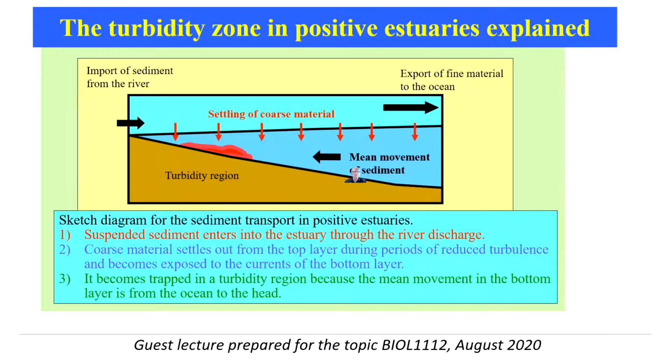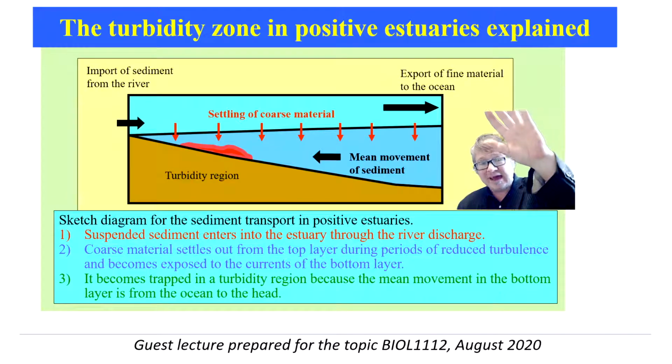Okay, and so this is what creates a spatially confined zone, and it's typically located in a zone where you have relatively low salinity water, a transition zone, which is called the brackish water region. Okay, so this supports ecosystems in positive estuaries. Yay!